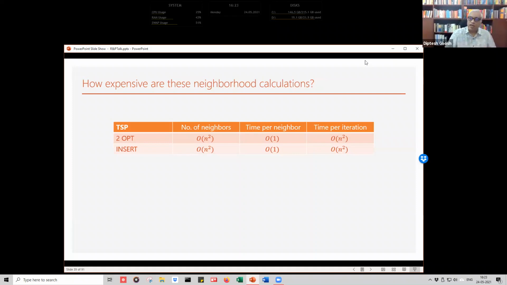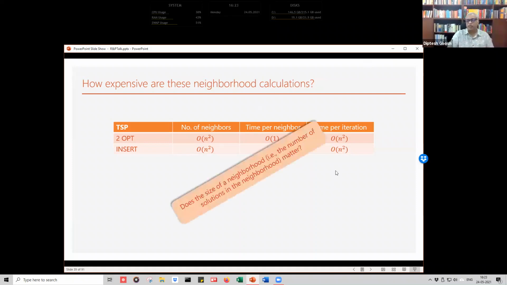Anyhow, when you're talking about neighborhood calculations, one question which might arise is whether the size of a neighborhood matters. If you have a small neighborhood with a very small number of elements, there's relatively less chance of finding a better solution. If you have a large number of elements, the chance of finding a better solution is higher.